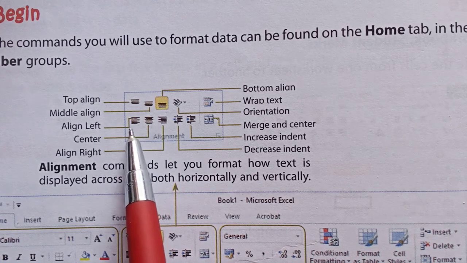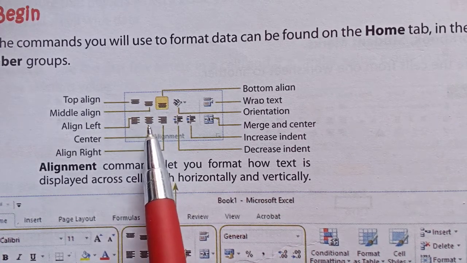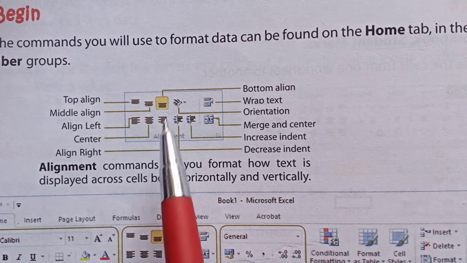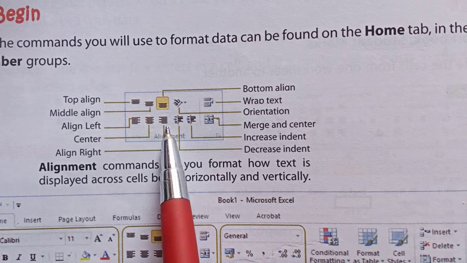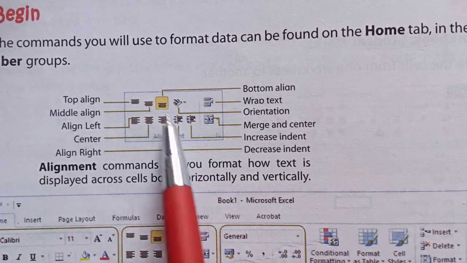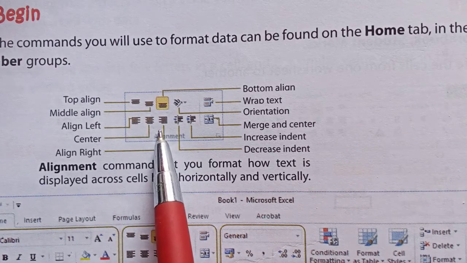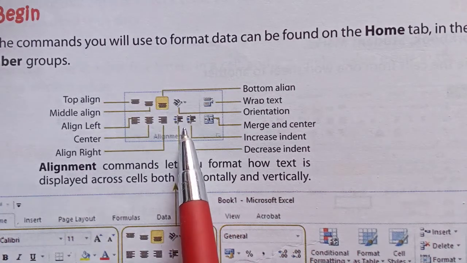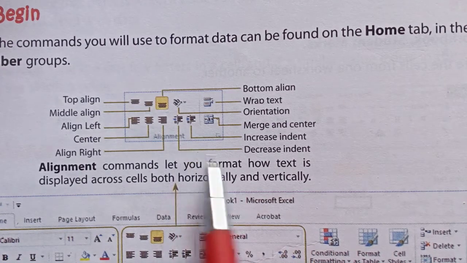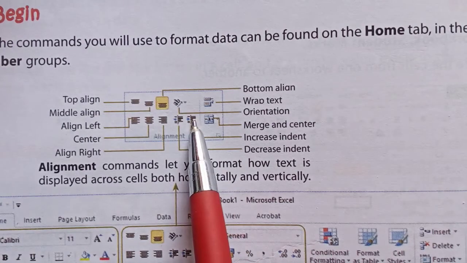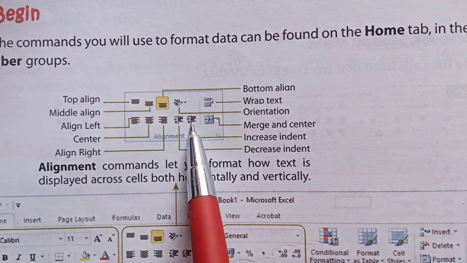Then we have align left, we have center alignment, we have right alignment. These will help you to put the text onto the left, right and center of the cell. Then we have this one for decreasing the indent and this for increasing the indent.